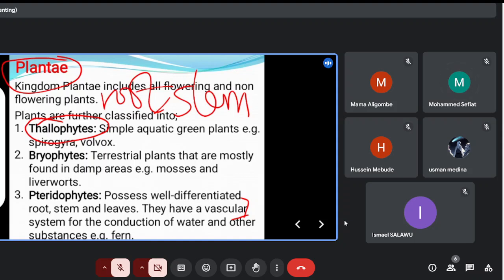Leaves. Thank you. And leaf. So that sounds somehow, right? They are plants, but they do not have roots, stem, and in fact, they do not have structures that look like root, stem, and leaf.